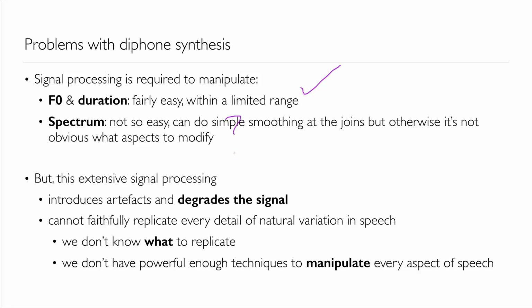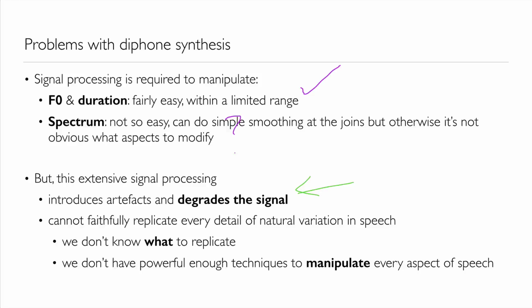So there's a question mark there. So let's just summarize the key problems with diphone synthesis. The most obvious, the one that we hear when we listen to diphone synthesis, is the signal processing. It introduces artifacts and degrades the signal. That's a problem. However, there's a deeper, more fundamental problem that's harder to solve.